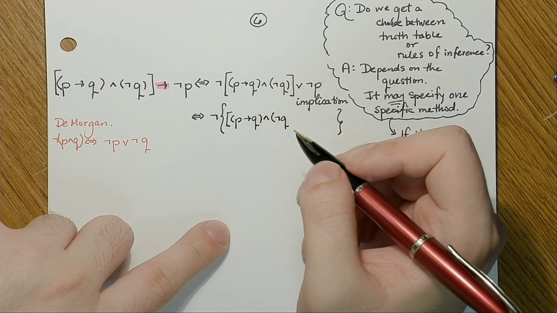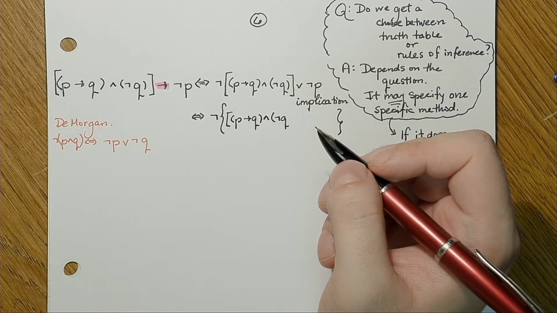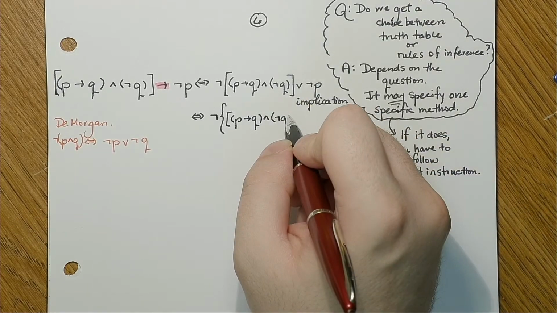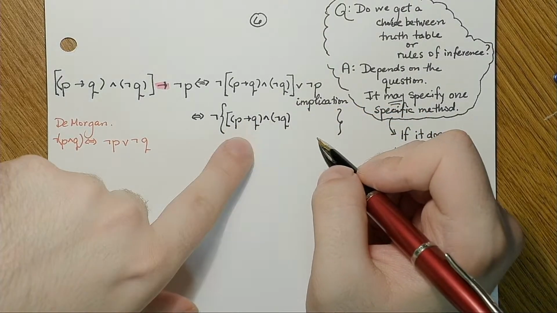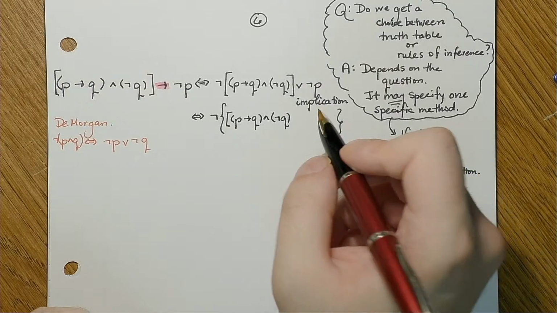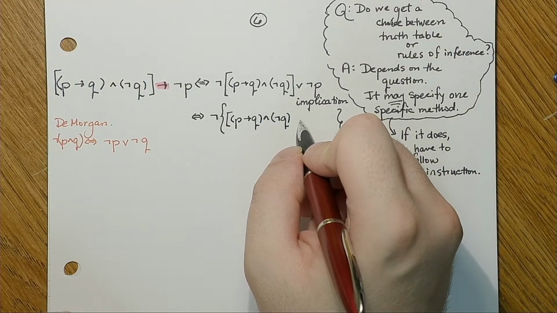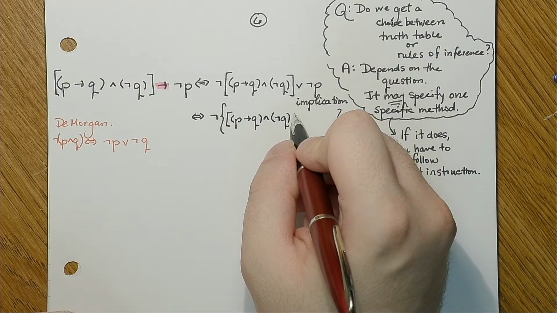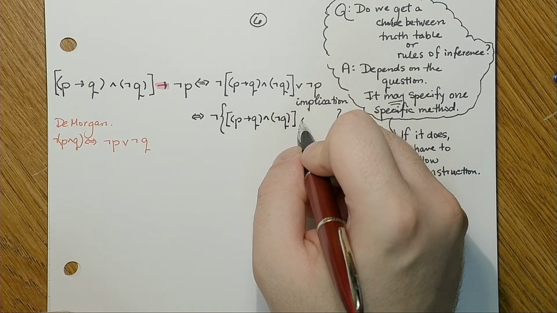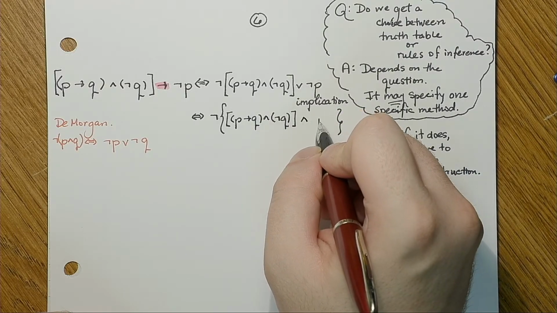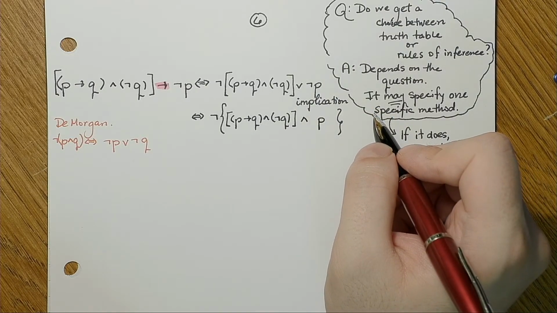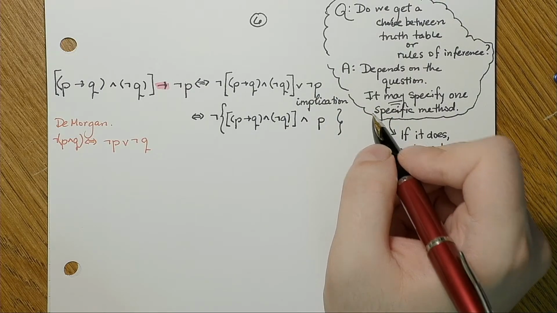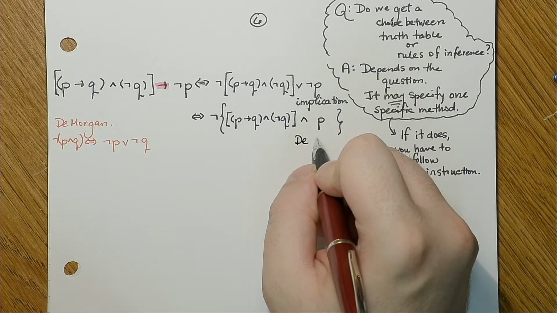But there's two implications. Yes. I'm not going to get rid of them yet. Yep, I see that there is two implications, but don't worry. And P. Good. So this is by De Morgan.